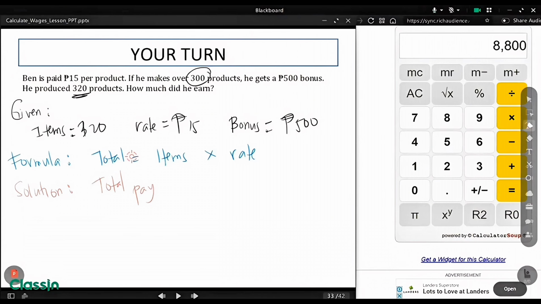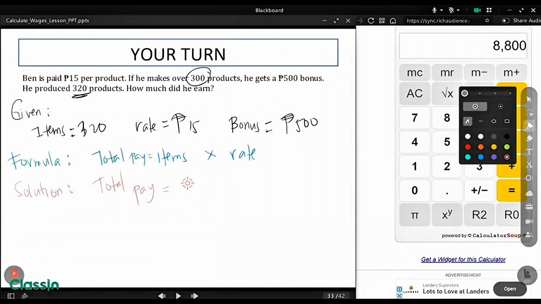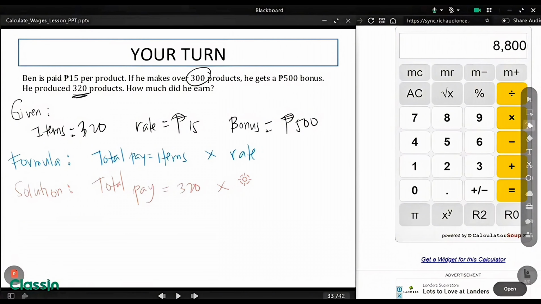Total pay is equals 320 times 15 plus 500. Why plus 500? Because we need to add the bonus.